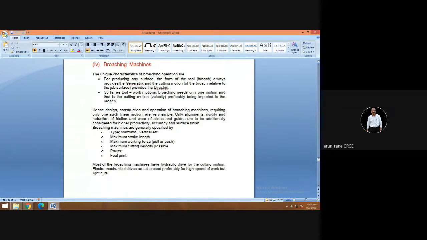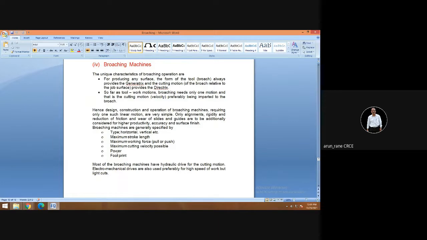Similarly, you have broaching machines also. Again, for the broaching machine, the most important parameter is like your slotting: what is the maximum stroke you are going to get on the broaching machine? That is the most important specification of the broaching machine, that is, maximum stroke length.